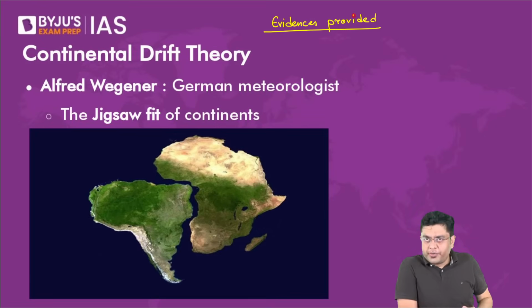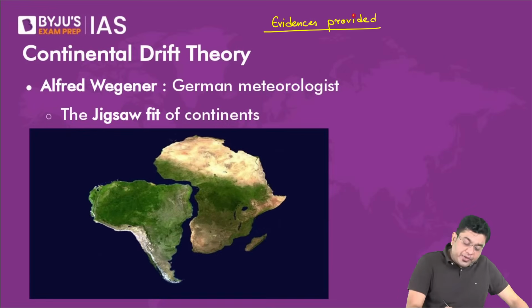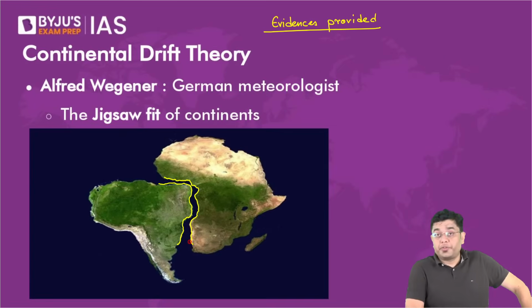of the continents. Basically, when he took a look at the shape of the continents, they appeared to match with each other. And that was too significant a fact to be referred to as a coincidence, where the continents would simply fit upon each other.